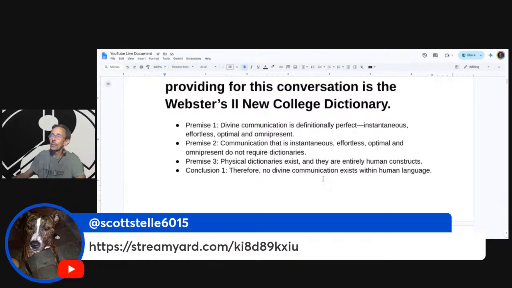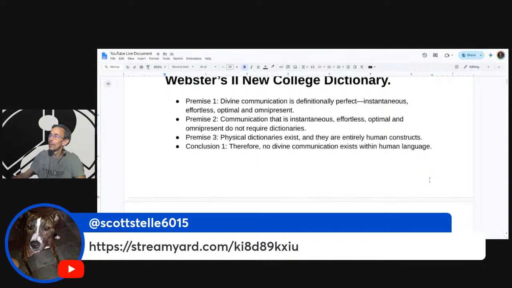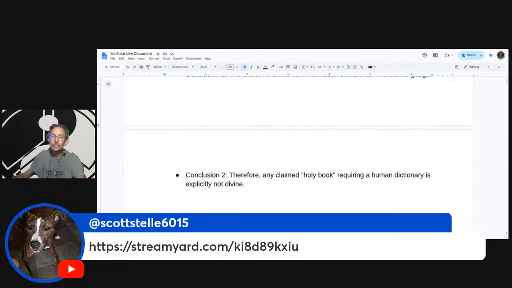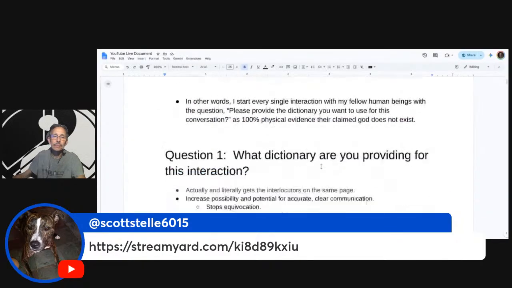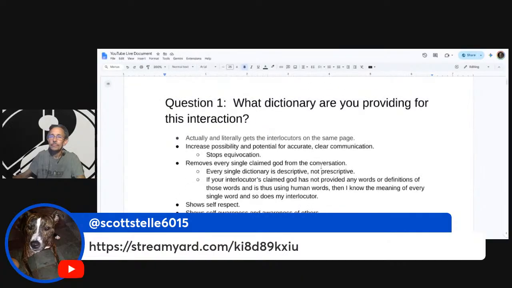Therefore, no divine communication exists without human language. Conclusion 2. Therefore, any claimed so-called holy books requiring a human dictionary are explicitly not divine. It's sound, it's valid. Your claimed gods are imaginary.